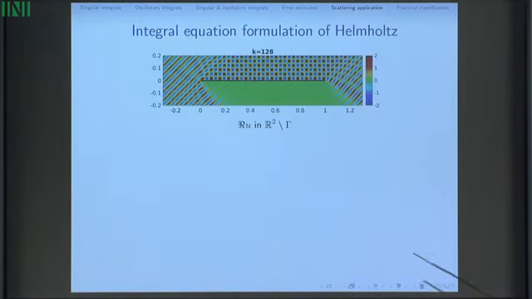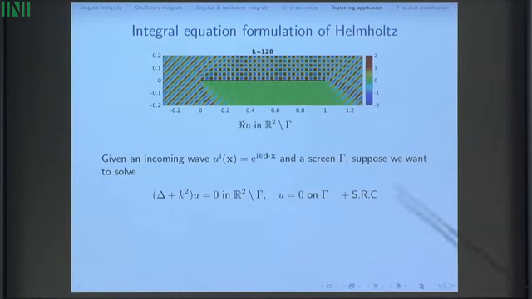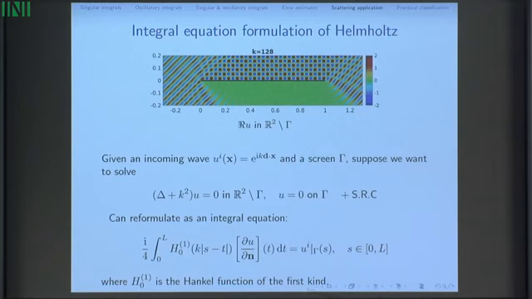Okay, so this is the scattering problem that we're interested in solving for our main application. So we have the Helmholtz equation, which I'm sure everyone here has met before, Dirichlet boundary conditions, and assume also that it satisfies some suitable radiation condition at infinity. We can reformulate this as an integral equation, which looks like this, where this is the Hankel function again.